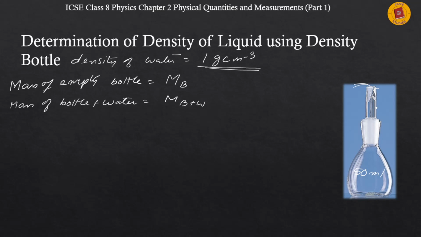Then we drain away the water and fill it up with the liquid of which we want to measure the density, and again measure the mass. The mass of bottle plus liquid is, let us assume, mb+l.